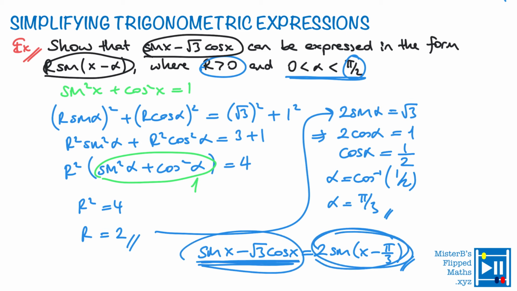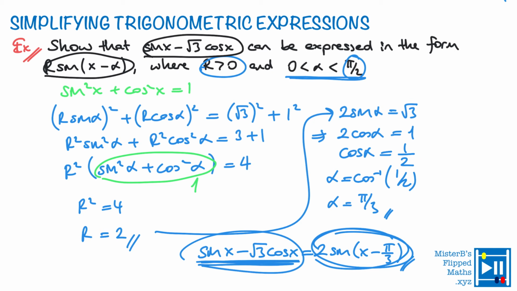Or you could be asked to find the minimum and maximum values of this expression. I'm not going to be solving an equation, that's out of the scope of this video, but I'm going to show how to graph it and how to find the maximum and minimum.